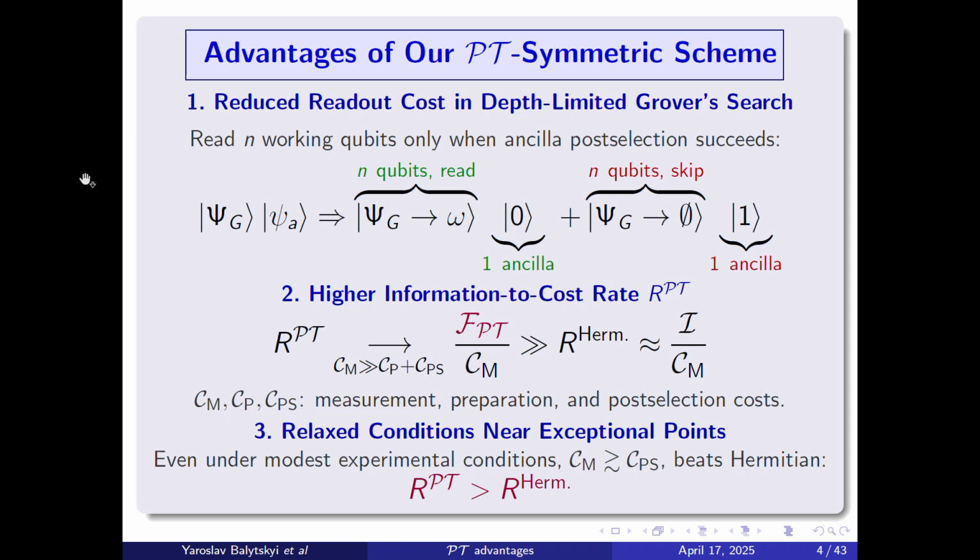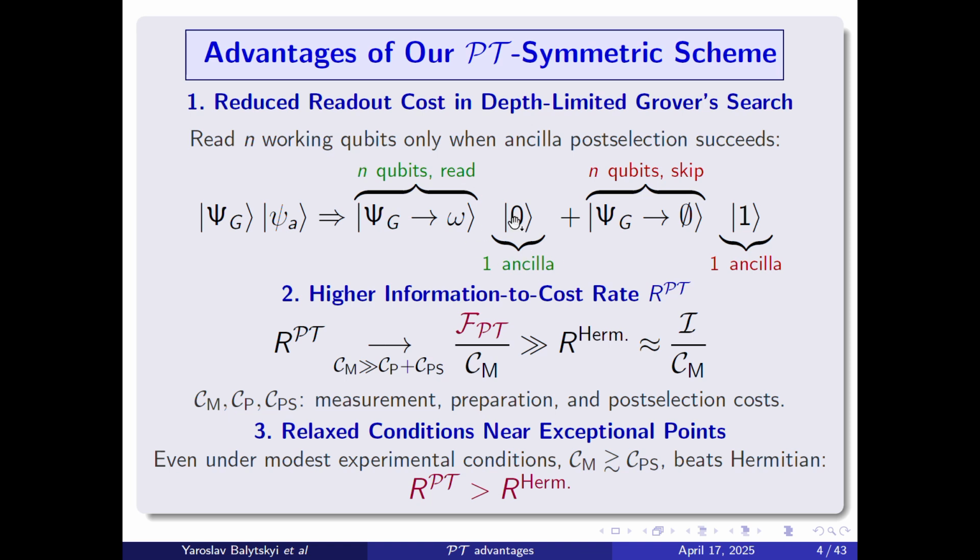Now you can ask me, why should we use this PT-symmetric transformation in the first place? Well, because this gives you advantages in practical applications. Namely, it gives you reduced readout cost in depth-limited Grover search. When you have a depth-limited, truncated version of Grover search, and you attach an ancilla and perform such transformation, you would need to read out the qubits only once.